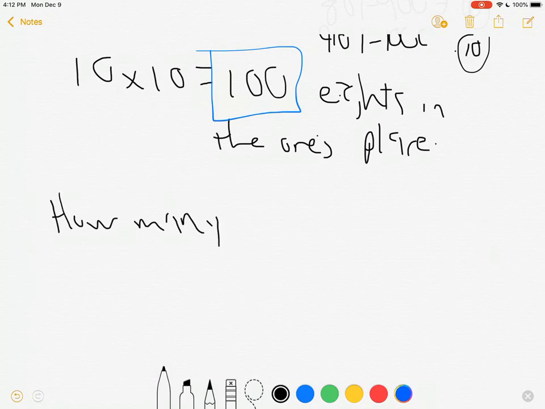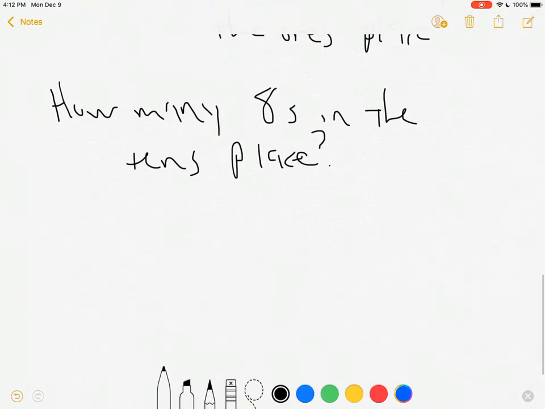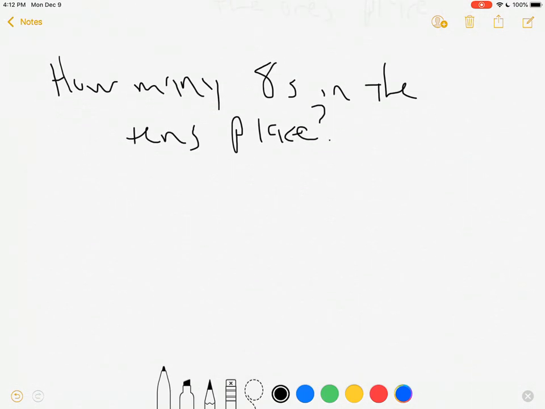How many 8s in the tens place? Well, 8 doesn't show up in the tens place until 80. So between 1 to 100, there's just going to be 10 of them in 80, 81, 82, 83, 84, 85, 86, 87, 88, 89.